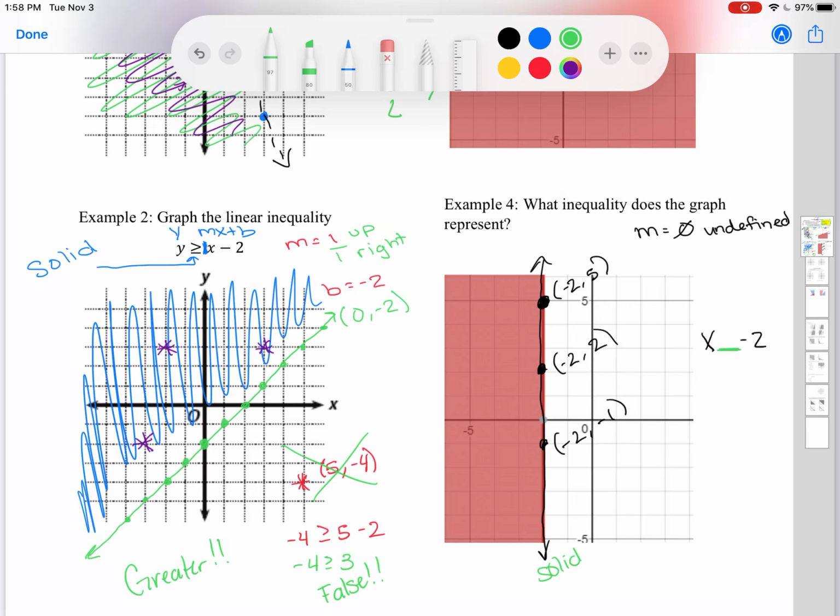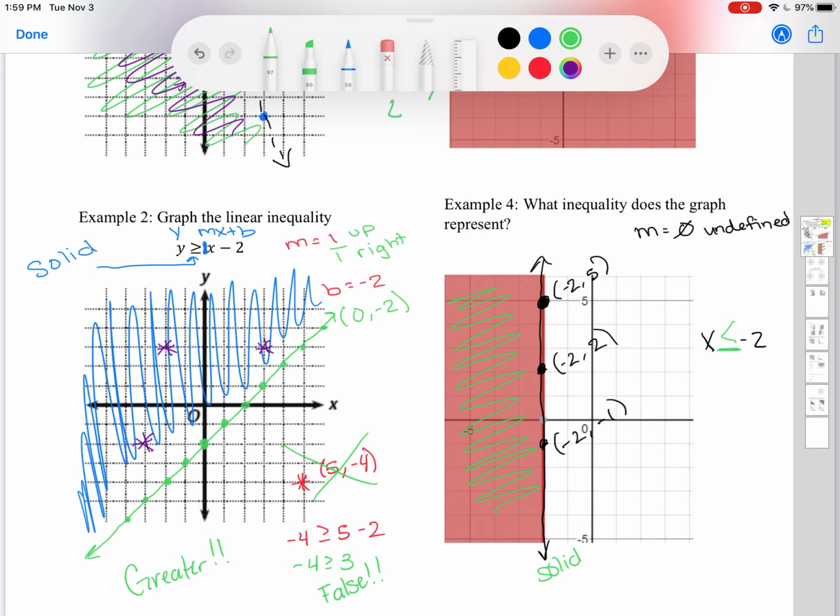And then if I look at this vertical line, everything to the left of that line, if you follow your x values to the left, they're getting smaller. They're getting less than -2 as you go to the left. And if we go to the right, we'd be getting greater than -2.